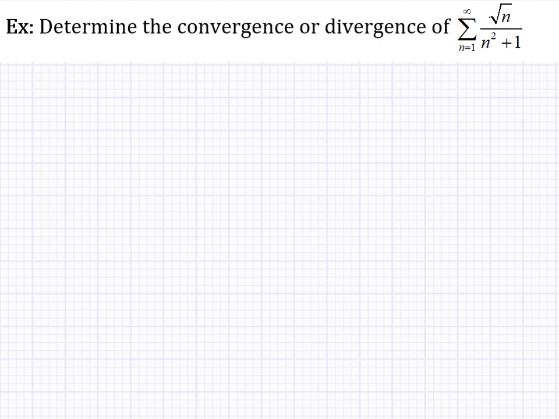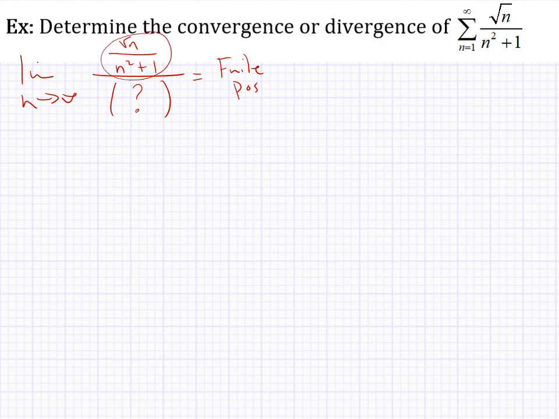Okay, so here's another one. We want to show that this thing converges or diverges. It's getting a little more complicated now, but remember, I want to do a limit as n goes to infinity of this square root of n over n squared plus 1 divided by something so that I get that finite positive value, so that this grows at the same rate as that.